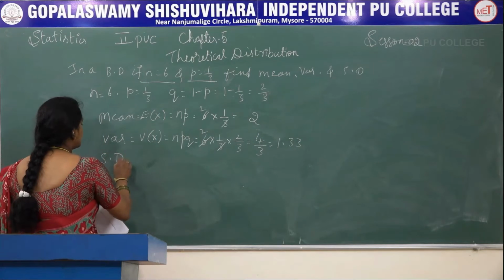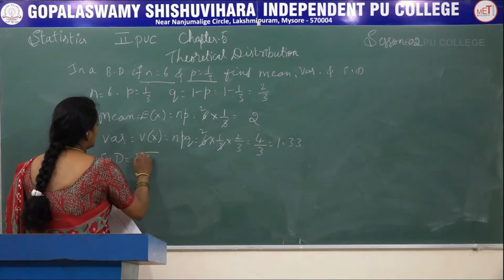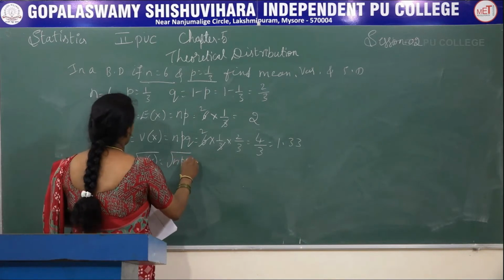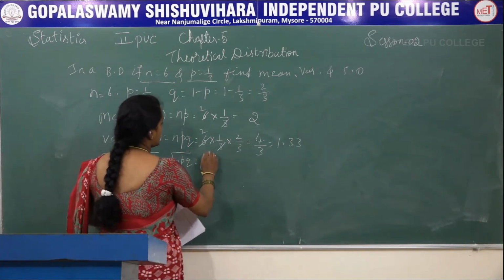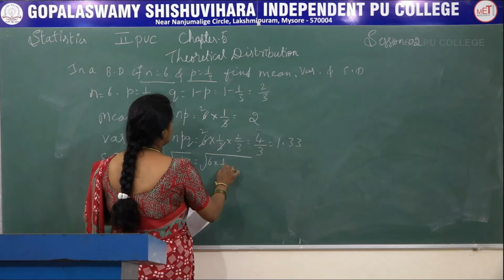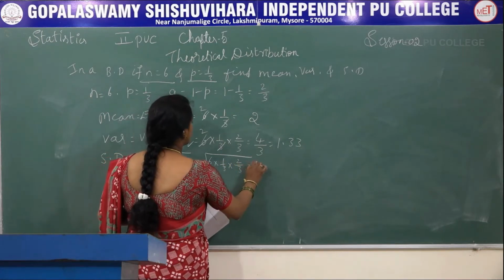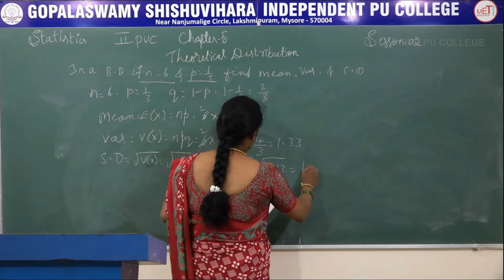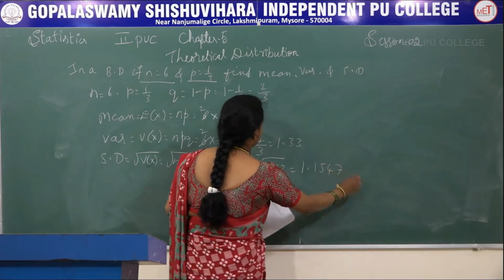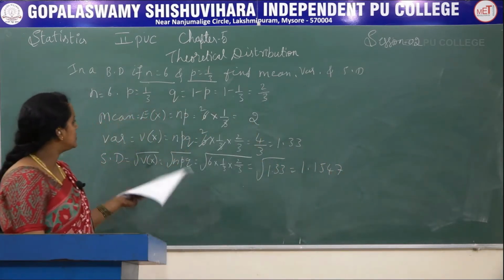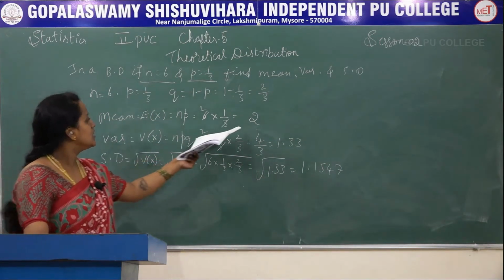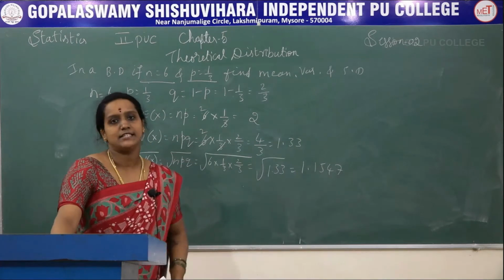And the standard deviation is square root of variance. This is square root of npq. This is square root of 6 into 1 by 3 into 2 by 3. This is equal to square root of 1.33, or this is 1.1547. You can just observe this. The property says that mean is always greater than variance. Here 2 is greater than 1.33.